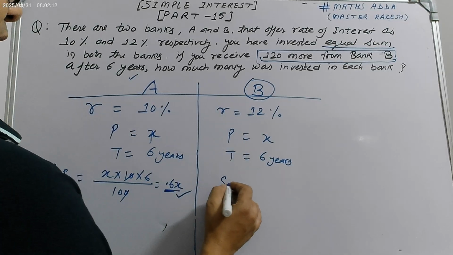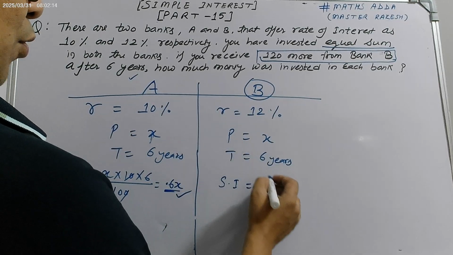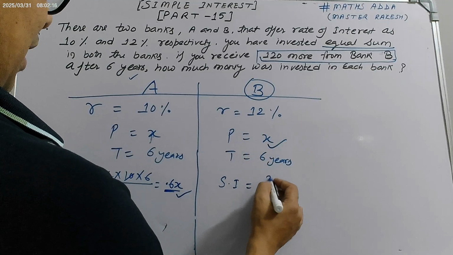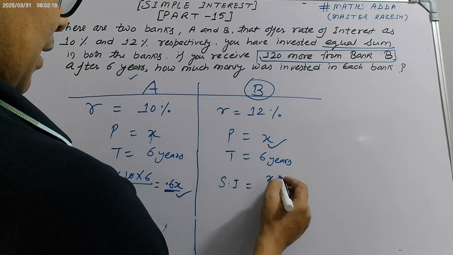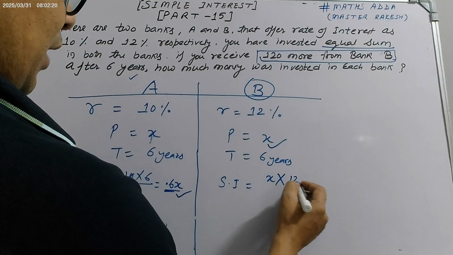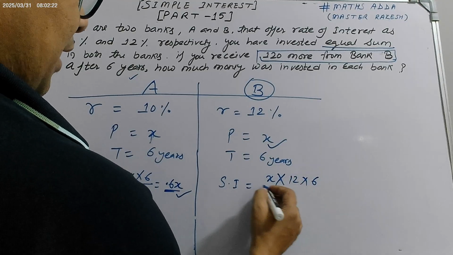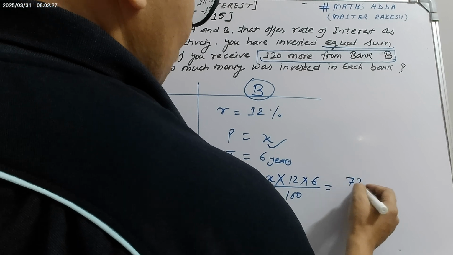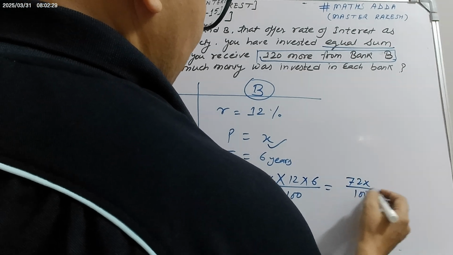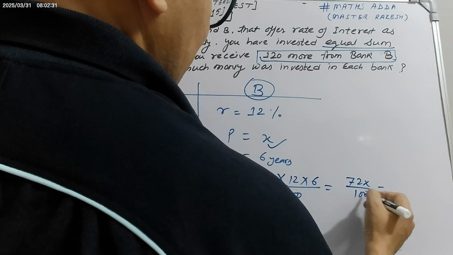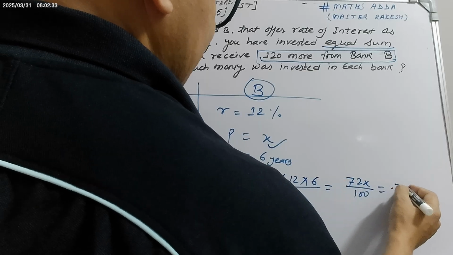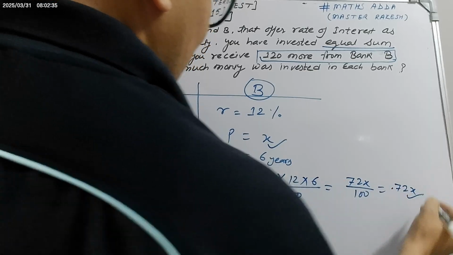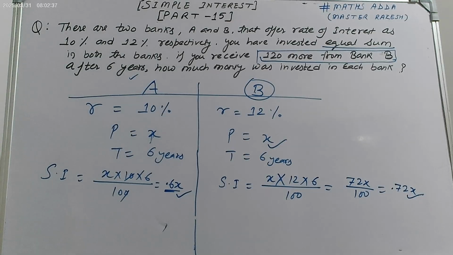Here you calculate the SI equal to P, x, into R, 12, into T, 6, upon 100. 12 times 6 is 72x upon 100. With 2 zeros, move 2 places, so it is 0.72x. And the first SI is 0.6x.